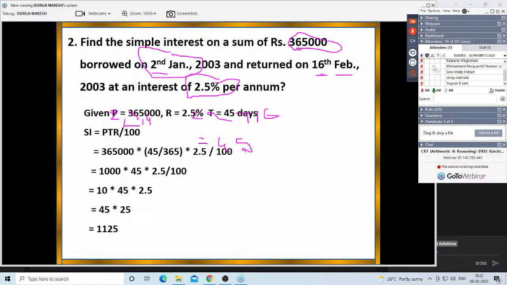Clear all of you? Once you understand what variables they have given, you just have to substitute in the formula SI is equal to PTR by 100. But please focus on what exactly they have given and what we have to find. So what is the final answer? 1425.